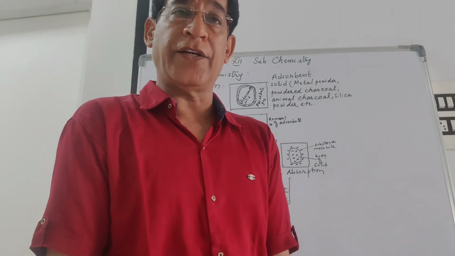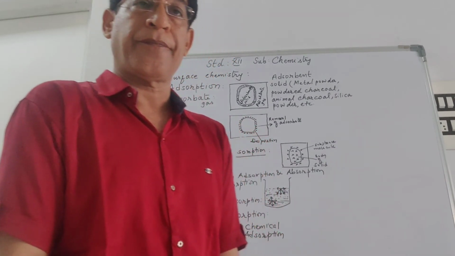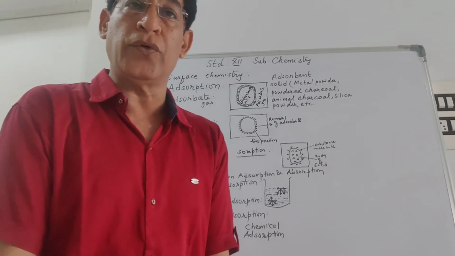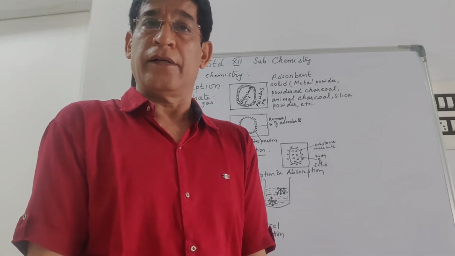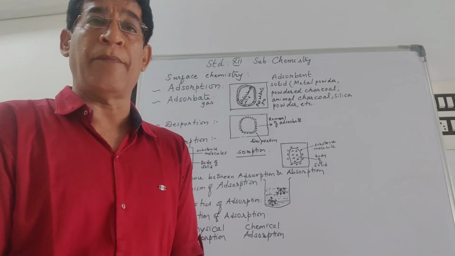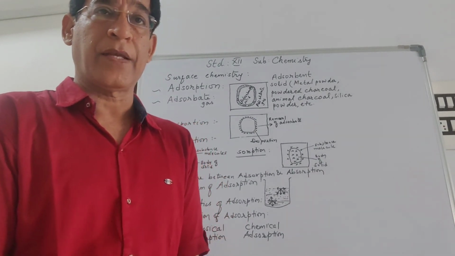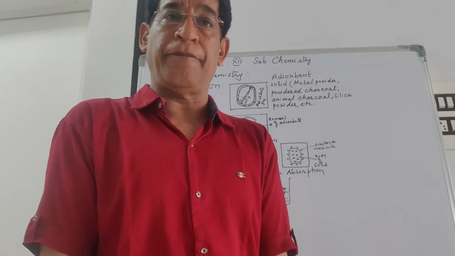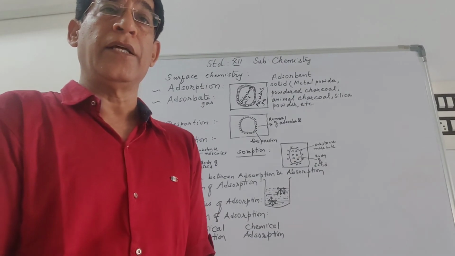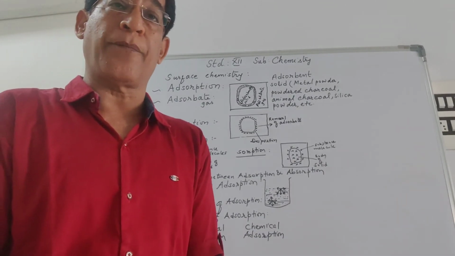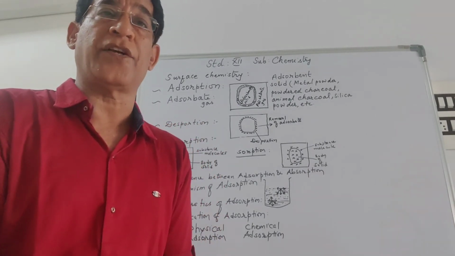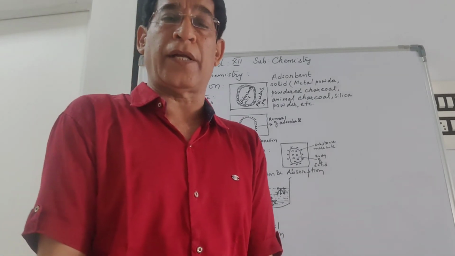Now, classification of adsorption. Adsorption can be classified in two categories: physical adsorption and chemical adsorption. Physical adsorption: if the forces of attraction existing between adsorbate and adsorbent are van der Waals forces, the adsorption is called physical adsorption.